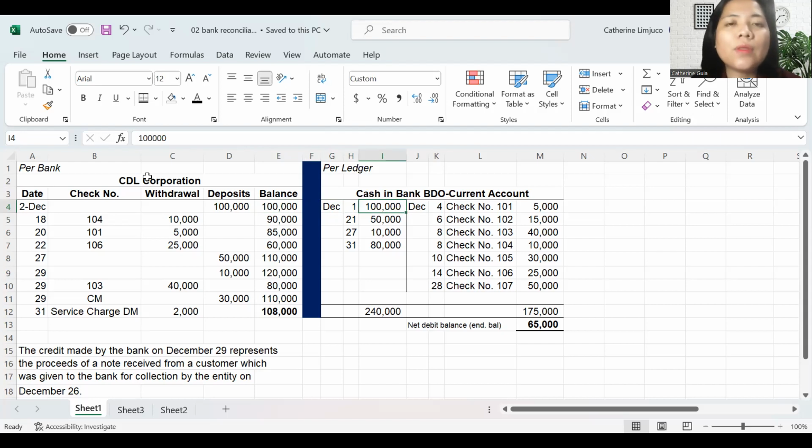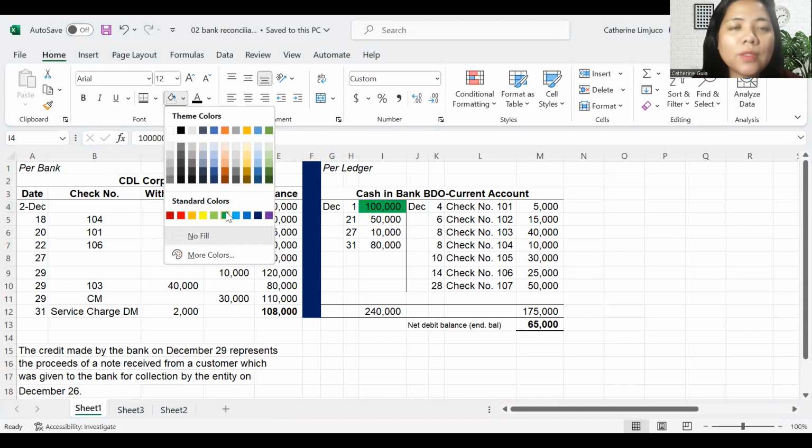Okay, so let's start with our December 100,000. So is this amount reflected in the bank statement? Okay, yes, it is also reflected in our bank statement. So we'll have a color for this one.